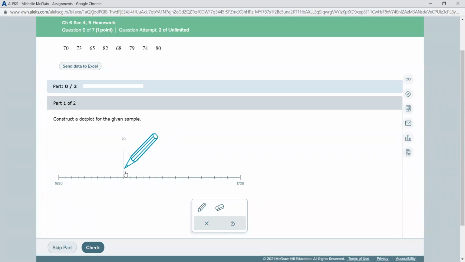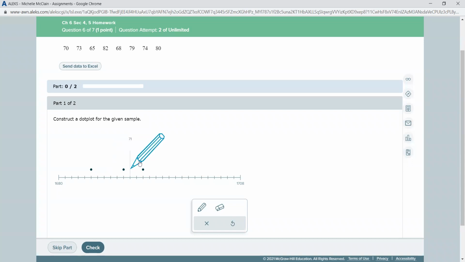Okay, so you literally just scroll over it and you're just going to click for each piece of data that you want to mark. So you just literally go and click and you're going to create that dot plot. So if I have more than 170, I click, notice it's going to create that height for me. Okay, so I'm going to undo because that's incorrect. But that's all you're doing for the dot plot.